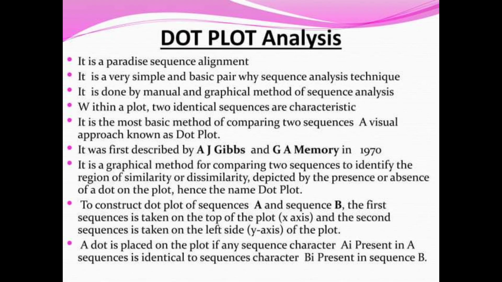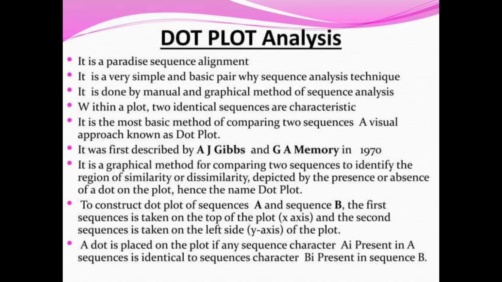The basic method is the dot plot analysis, where we write the sequences and, if they are similar, we put a dot. If not, we never mark anything. This was developed by A.J. Gibbs and G.A. McIntyre in the year 1970.